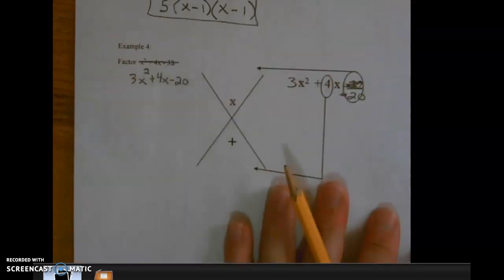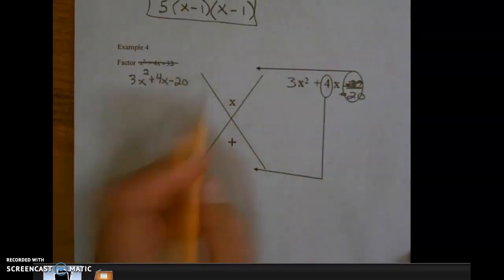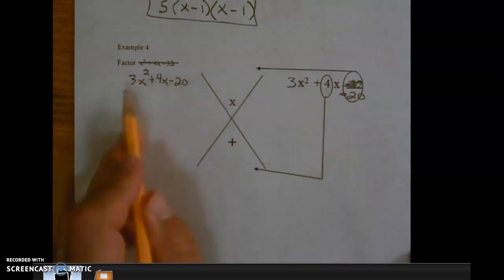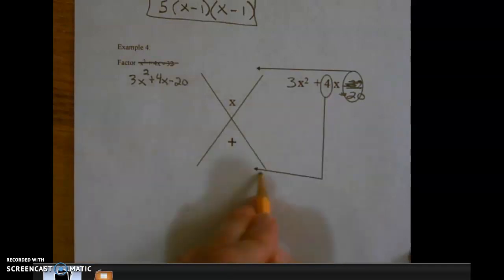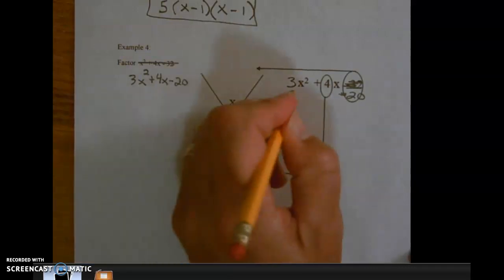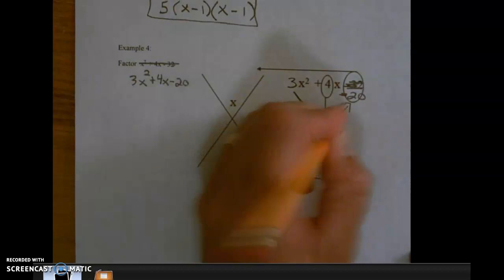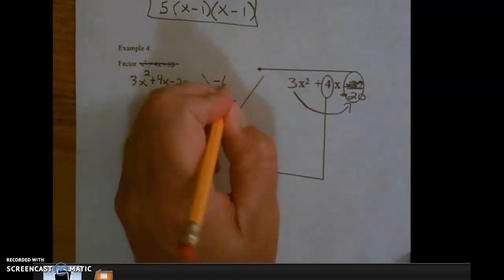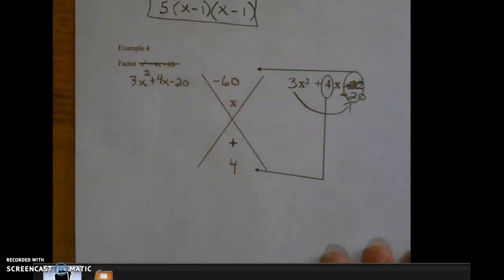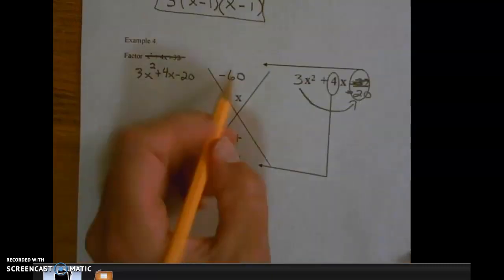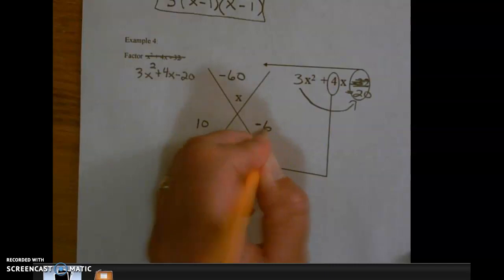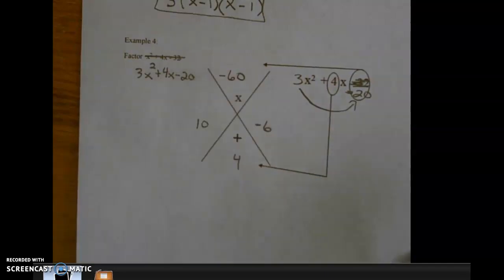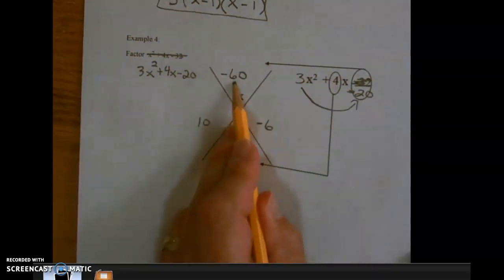All right, let's take a look at this example. So I changed the problem, so our a value would not be equal to 1. The 4 goes on the bottom. Remember, we multiply the 3 times the negative 20 to get our top number. And so two numbers, 10 and negative 6. Multiply, yes.